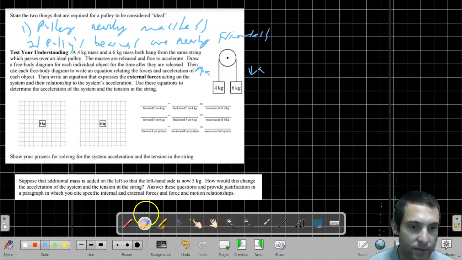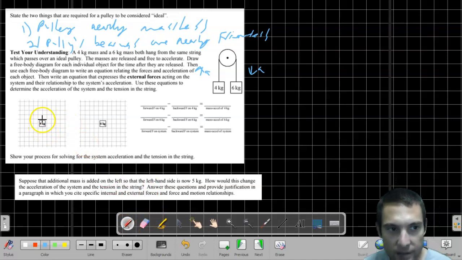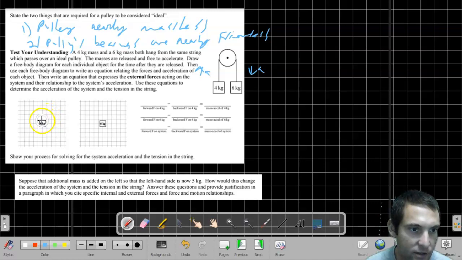We have boxes here, so that means it needs to be the correct size. So we're going to go up 1, 2, 3. 3 sounds good. And we'll call that tension. And then we also have the mass times acceleration due to gravity, like this.